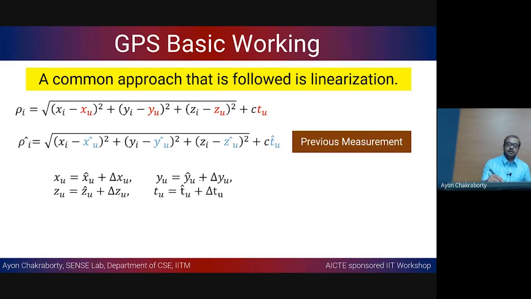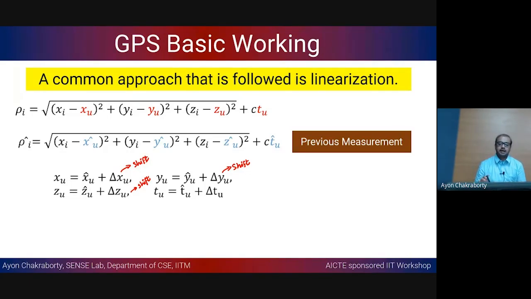YU is YU hat, the previous estimate you have measured, plus delta YU. These are the shifts in the x, y and z directions, the delta terms that are added to your previous estimate to get the current location.